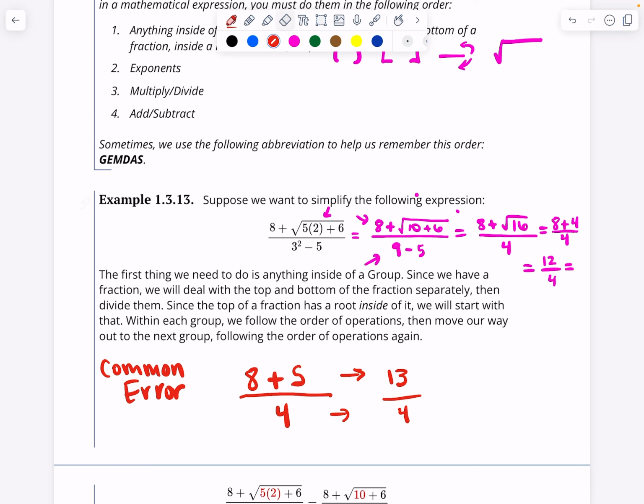That's good. What I see a lot of people do is this. They divide that 4 into one piece of the sum and then end up with 7. That's no good. You can't divide into a sum. Remember, if we simplified the top, we got 13.